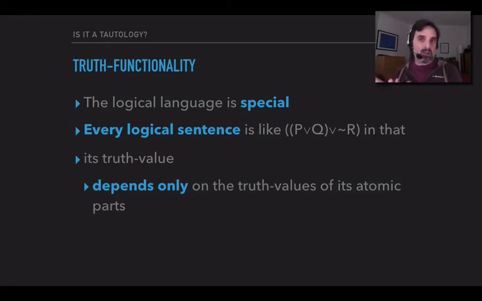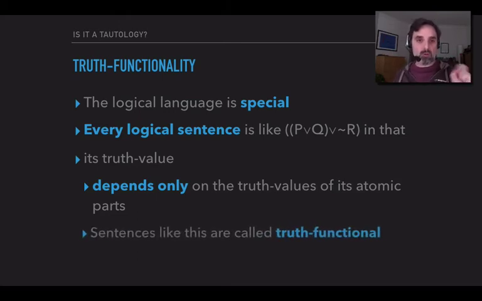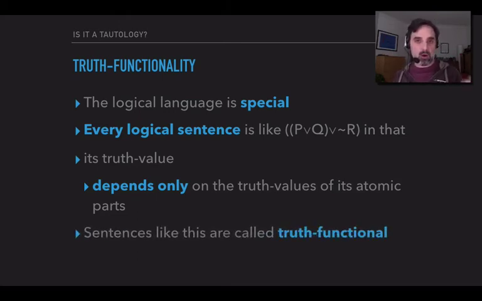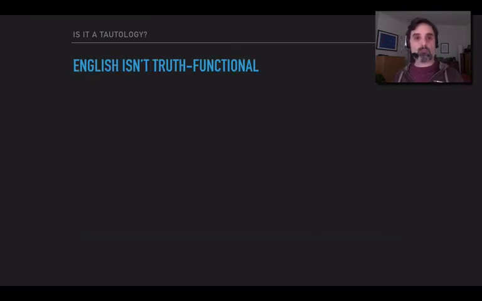But once you fix the meanings of the symbols, all you need to know are the truth values of the atomic parts. And sentences like that are called truth functional. Once you say what the sentence is and say what the meanings of the logical words are, then the only other thing you need to know are the truth values of the atomic parts, and you can figure out what the truth value of the whole thing is.